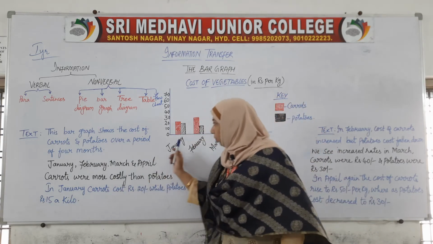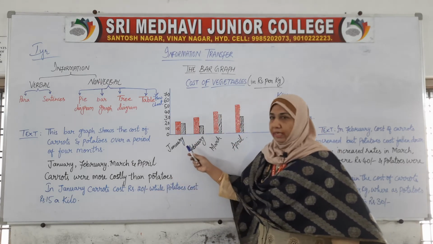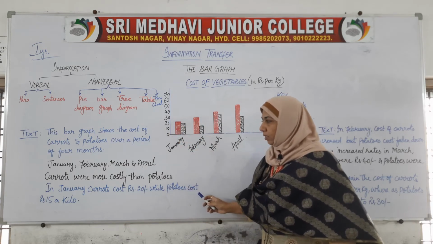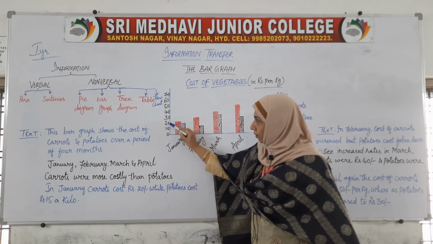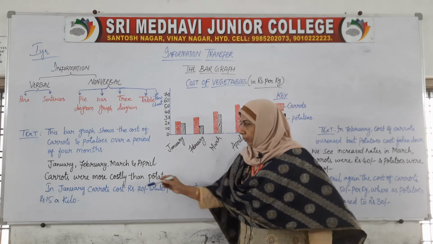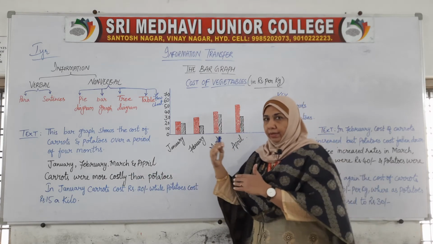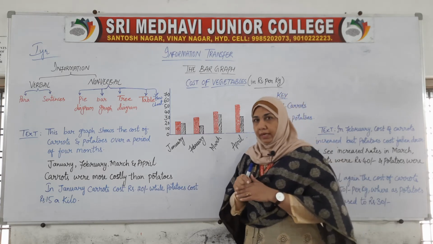In January, carrots cost rupees 20 while potatoes cost rupees 15 a kilo, because potatoes are a little bit below 20, so we are writing it as 15. So in January carrots were 20 whereas potatoes were rupees 15 per kg.